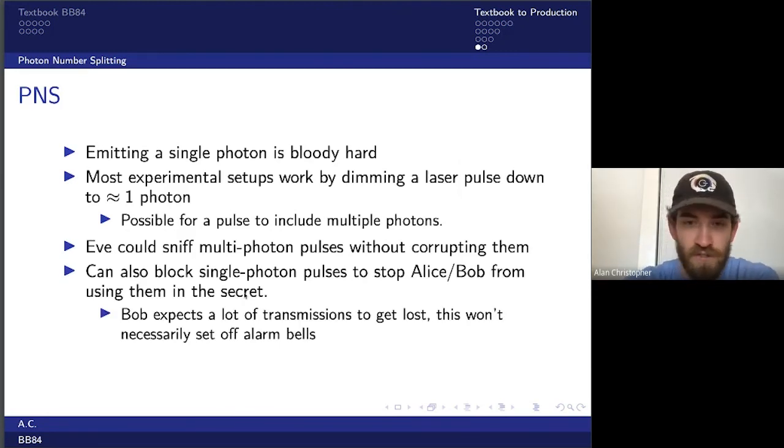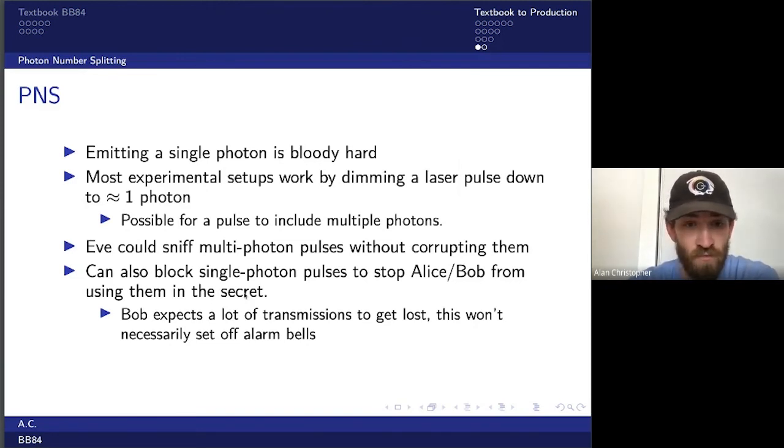And what's worse, Eve can theoretically preferentially block single photon pulses. And because Alice and Bob are expecting not all of their photon pulses are going to get through, say if you're shooting a laser through atmosphere, if it ever hits an atom in between, that pulse is gone. So you don't expect all of your pulses to get through, and you can, in a number of experimental setups, have fairly high loss rates.